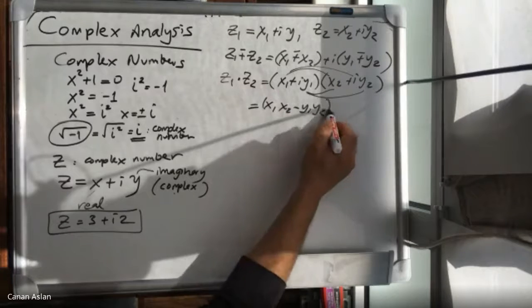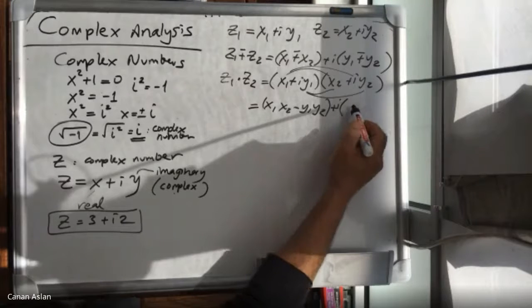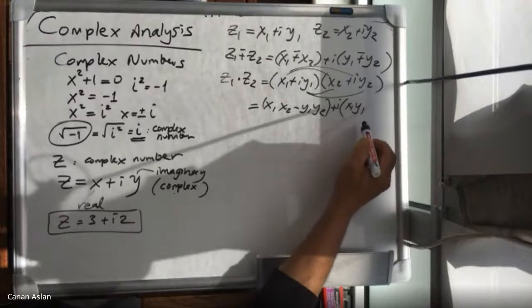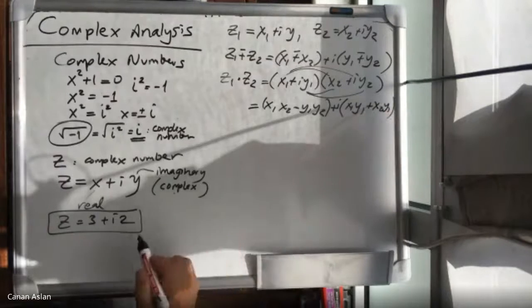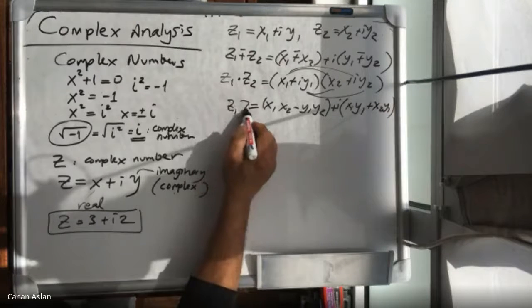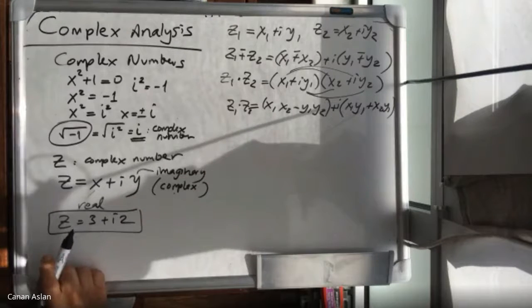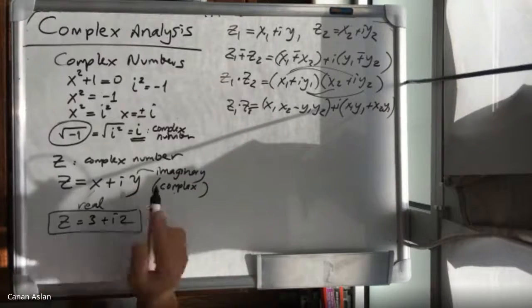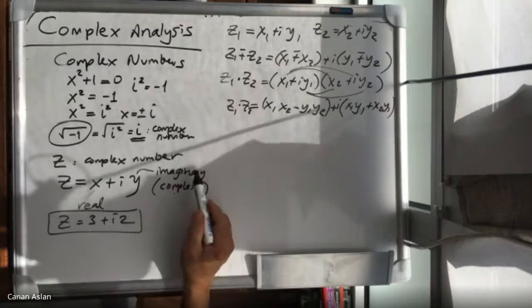This is the real part, and the imaginary part is x1 y2 plus x2 y1. So this is z1 times z2. It's not the dot product or something, it's just the multiplication. You don't have to really memorize these formulas because you can just multiply them out when the complex numbers are given.